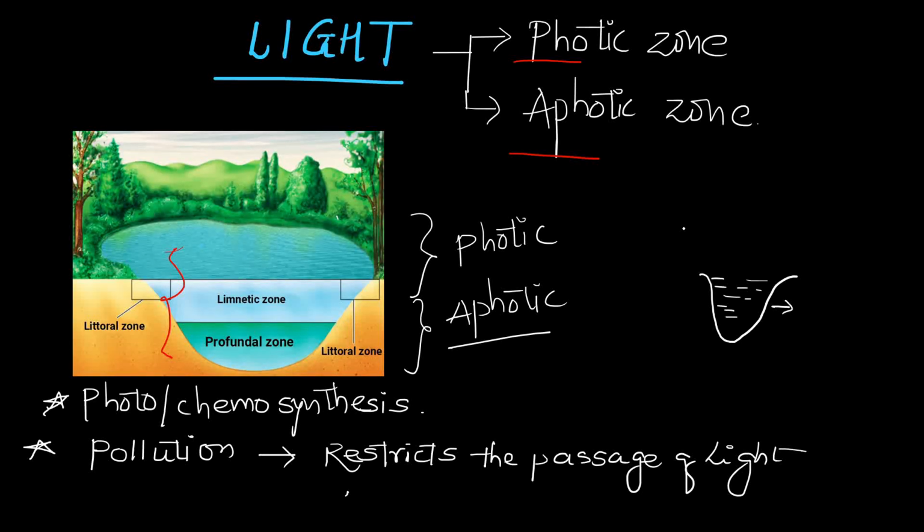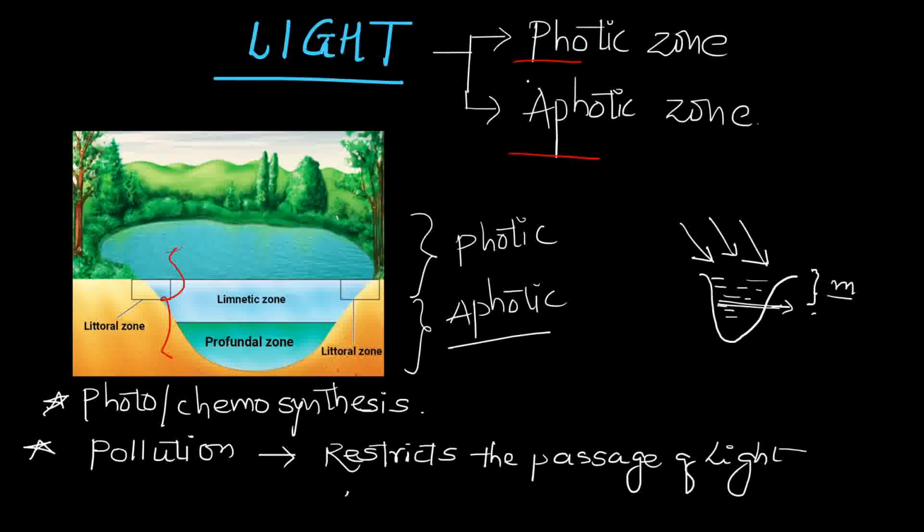If sunlight falls onto the water body like this, after a few meters the sunlight will not be able to penetrate. So that is the difference between photic and aphotic.